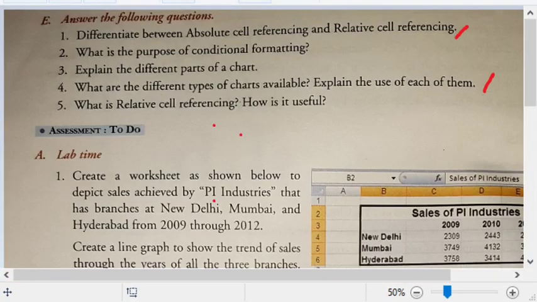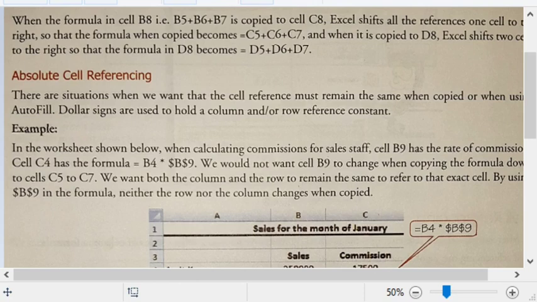Next question is, what is relative cell referencing? How is it useful? You remove this portion. Its answer is given on page number 32.